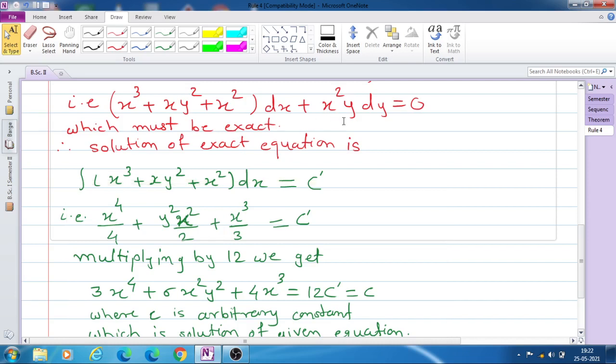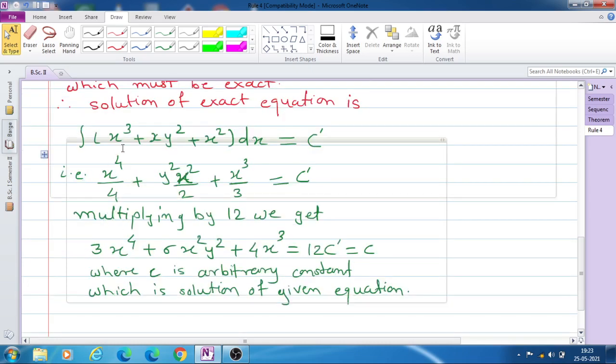Now here N is equal to x square y, therefore there is no term free from x, that is, a term containing only y. Therefore we only integrate M dx. So the value of M is x cube plus x y square plus x square, integrating with respect to x, this is equal to a constant of integration.